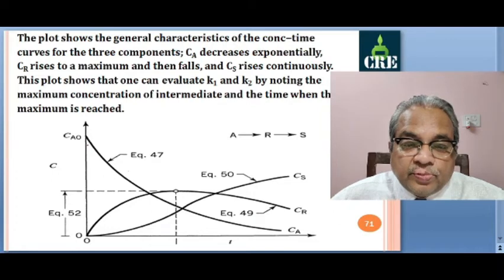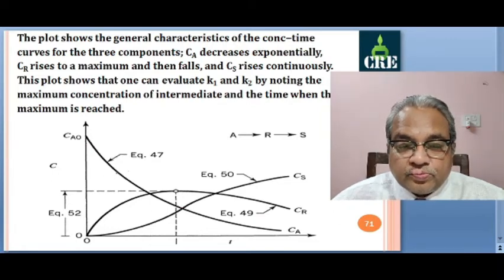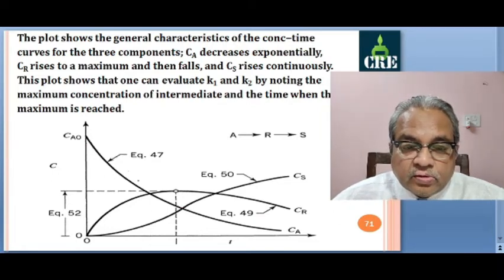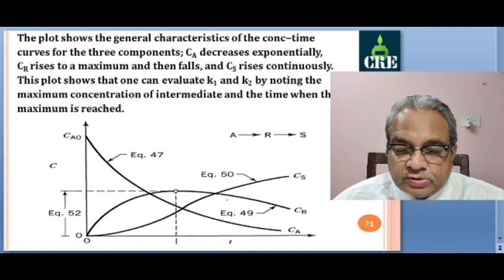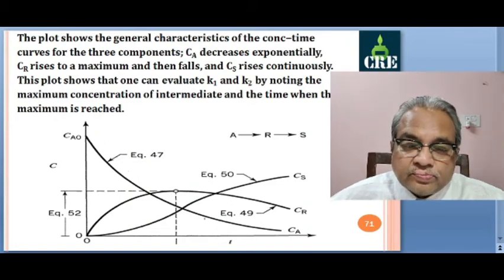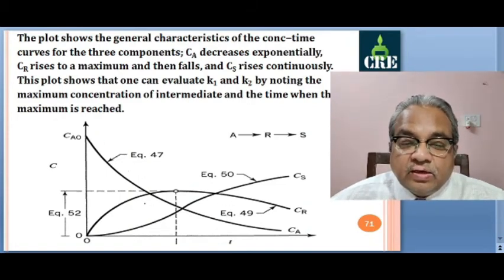So you can take the values of k1, k2 and plot this. Then you can check for k1 much greater than k2, k2 much greater than k1, what happens. So this plot you can plot in Excel and change the values of k1 and k2 and see how the nature of the curves or the profiles changes.